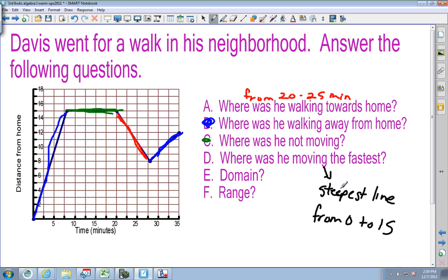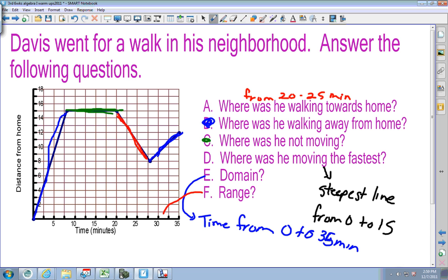Now, which one of these is the domain? The domain is the time, from 0 to 35 minutes.